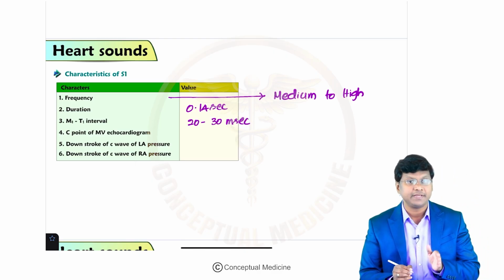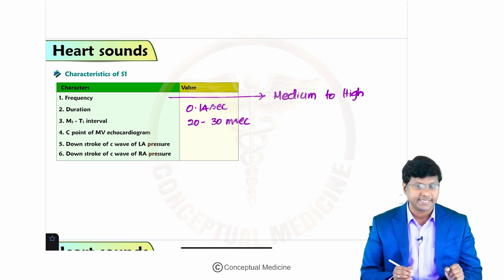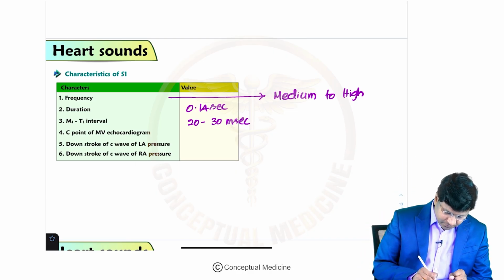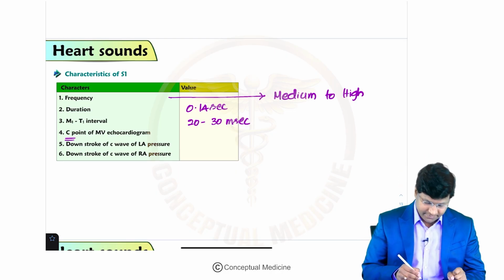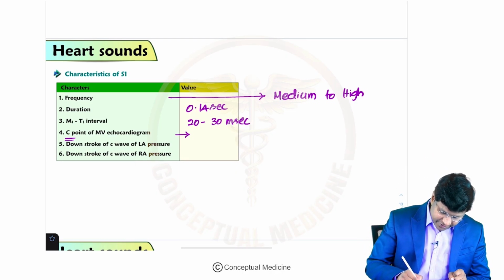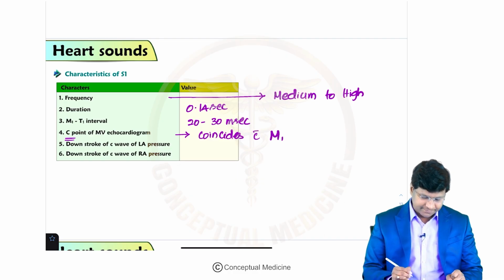The distance between M1 and T1 is 20 to 30 milliseconds. And the C point of the mitral valve echocardiogram coincides with M1.